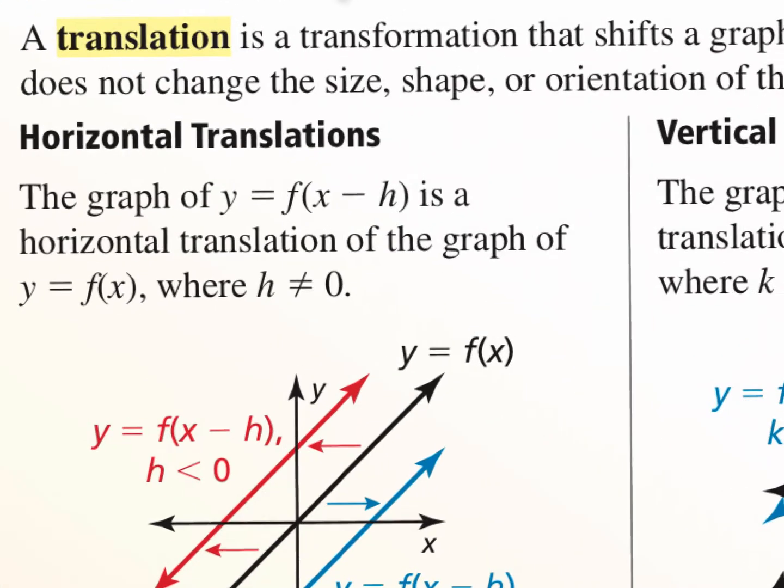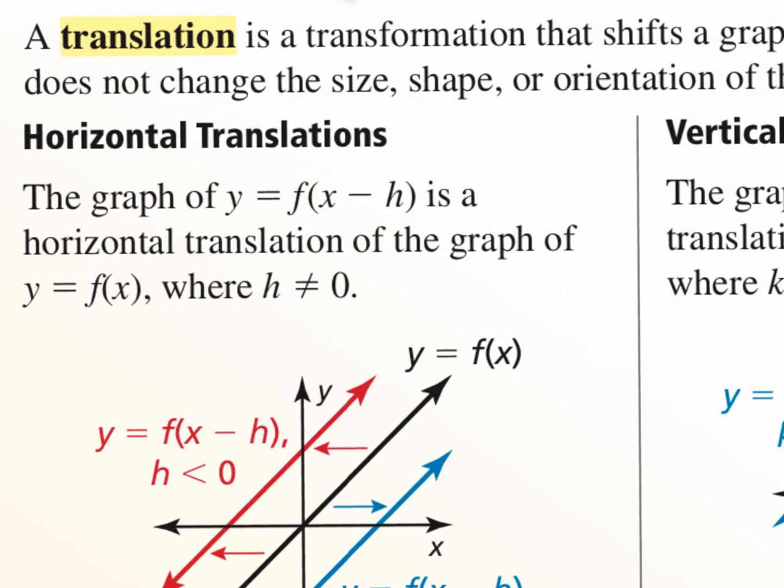So check it out. Don't write anything down. I need to see eyeballs. Eyeballs, okay? If you are adding or subtracting inside the parentheses, do you see how this x is being subtracted by h?